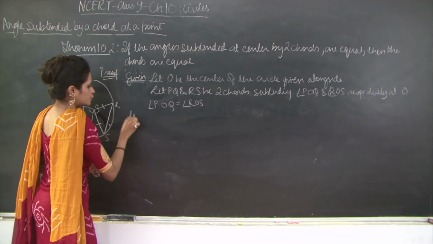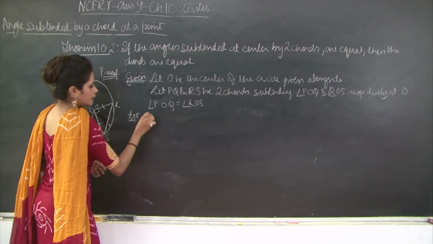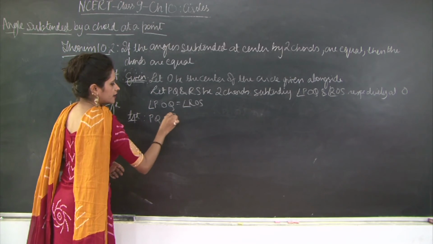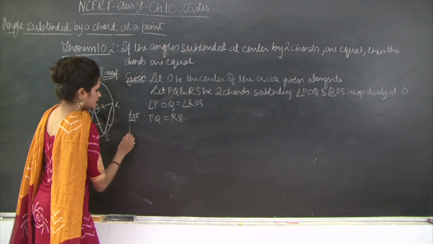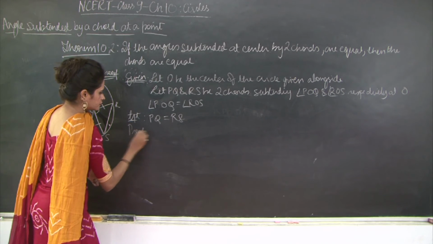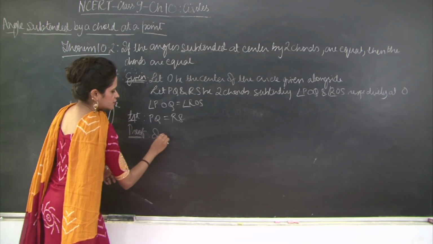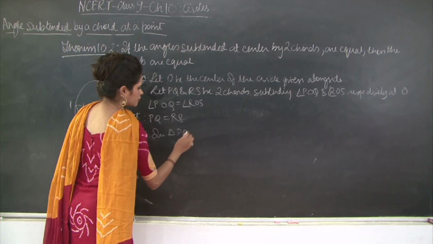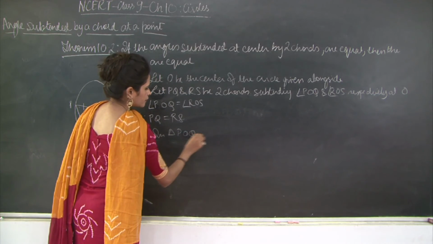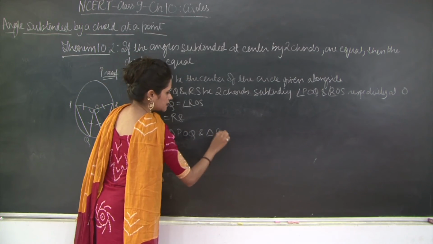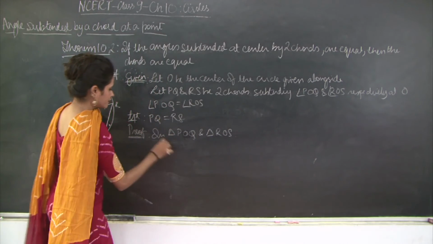So, what do we need to prove? We need to prove that PQ is equal to RS. So, I will say proof, in triangle POQ and triangle ROS, what do I have?